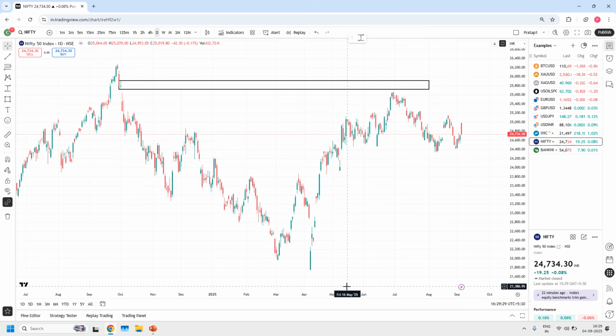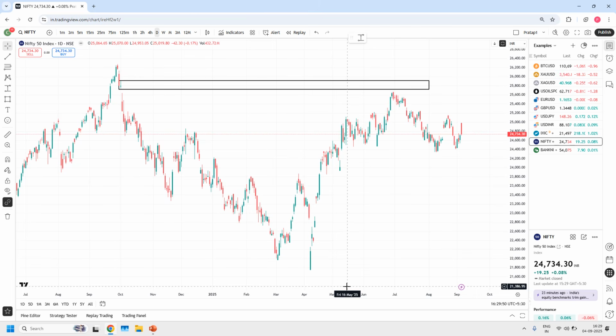Those unfilled orders, next time prices reach that area, will give us trade opportunities. So this is the entire story behind why these unfilled orders are helping us in providing trade opportunities.